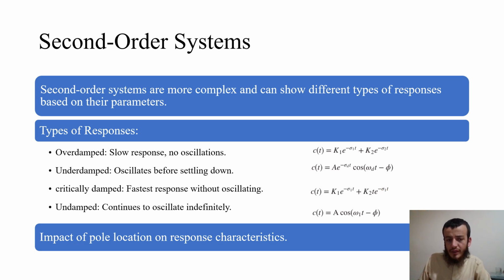The difference between critically damped and overdamped, if you look carefully at the equation: in overdamped we have two poles, sigma 1 and sigma 2, but in critically damped we have one pole. It is the fastest response without oscillating. It is the difference between the underdamped and overdamped.